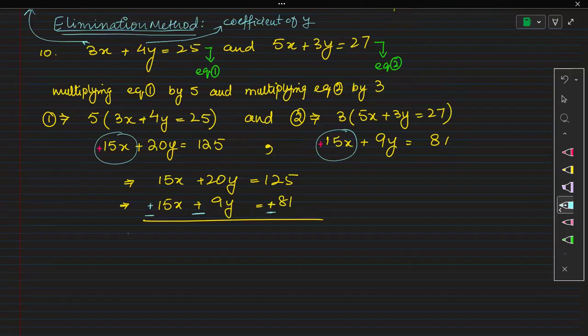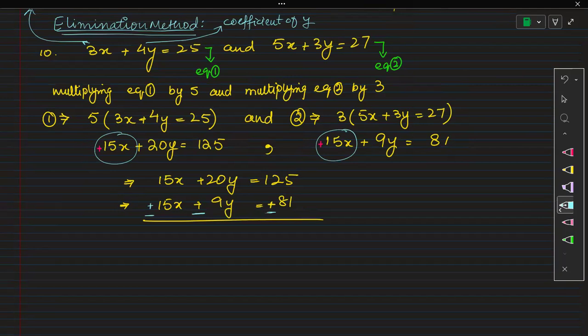If it is negative, it should become positive. The actual sign of 15x is now negative, the sign of 9y is negative, and the sign of 81 has become negative, since we are performing the subtraction between these two equations.